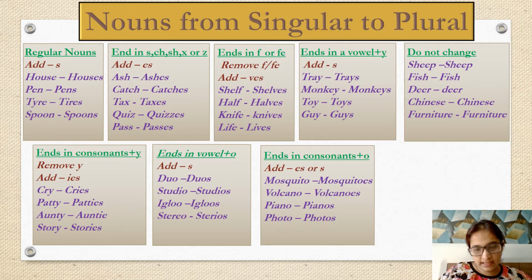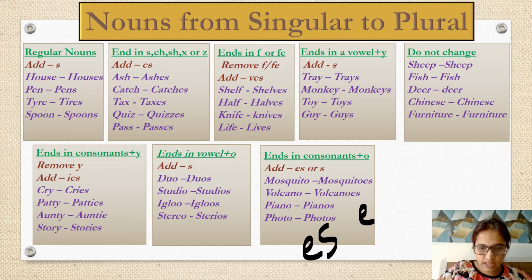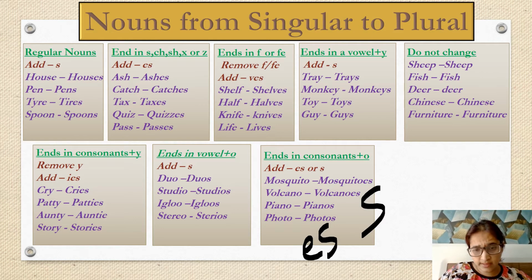In this case it is ending with a consonant and then an o. When it is such a case, you can put an es or you can put an s to make it a plural form. For example, mosquito, mosquitoes, volcano, volcanoes, piano, pianos, photo, photos.